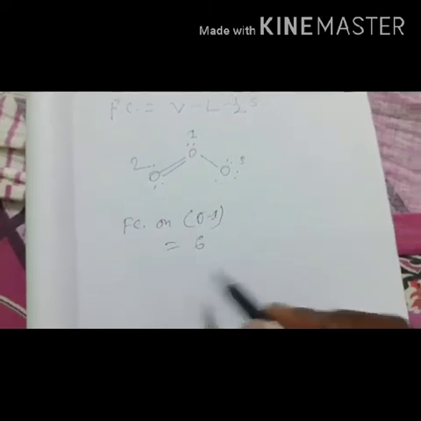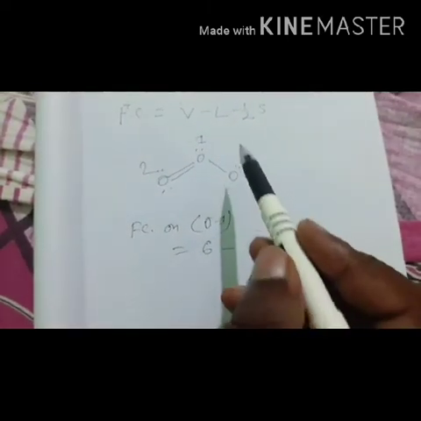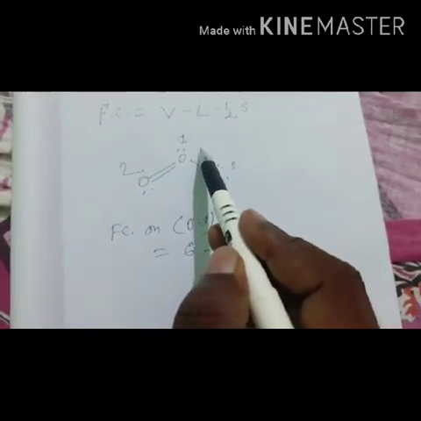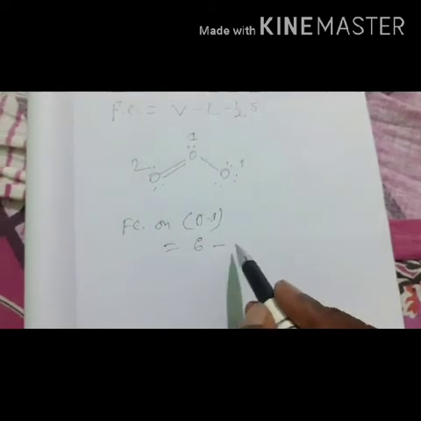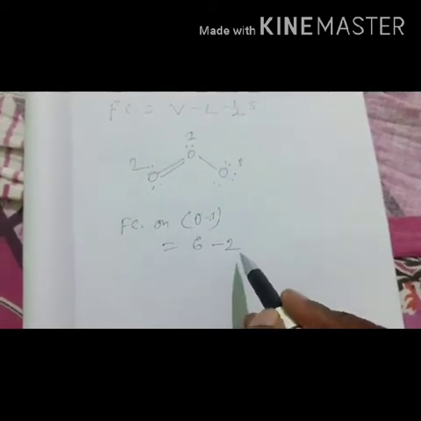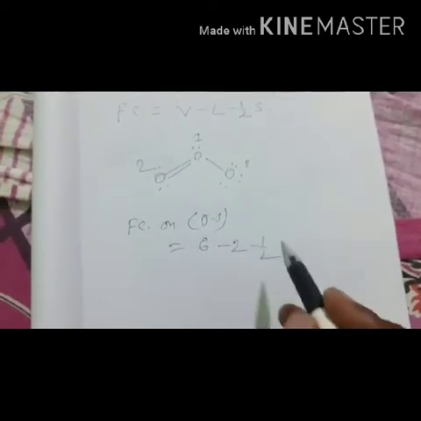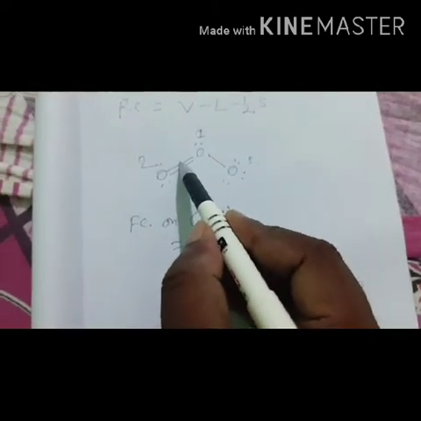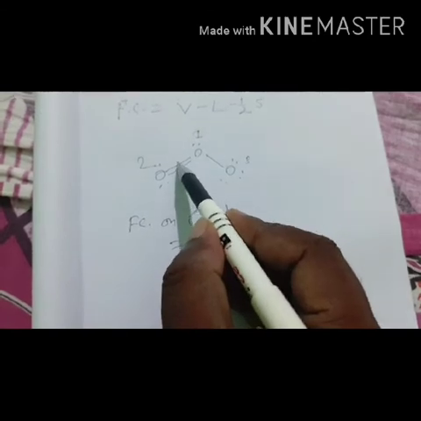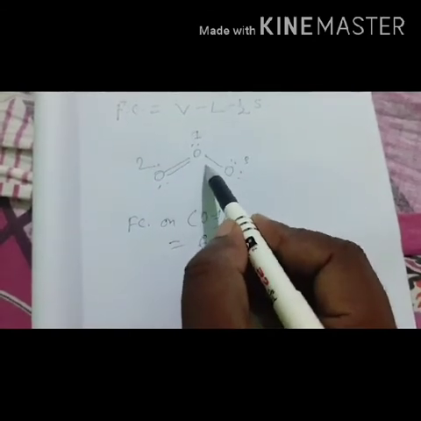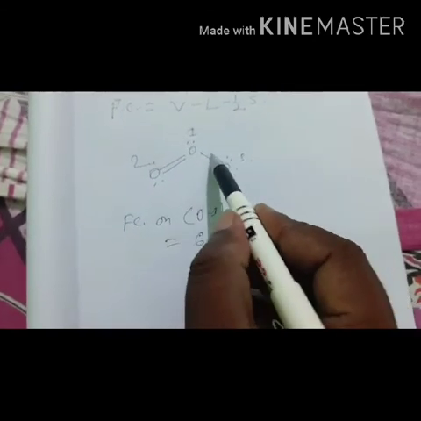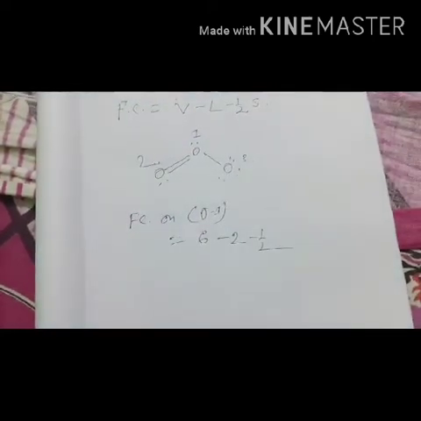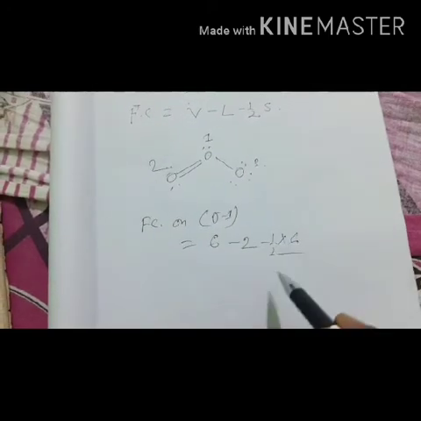On this oxygen in the Lewis dot structure there is 1 lone pair, so minus 2, and then minus half of the shared electrons. The double bond gives 4 electrons and the single bond gives 2 more, a total of 6.